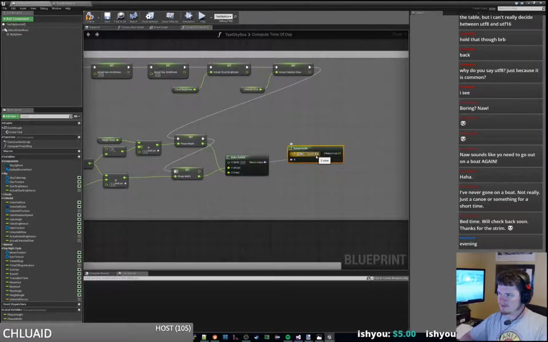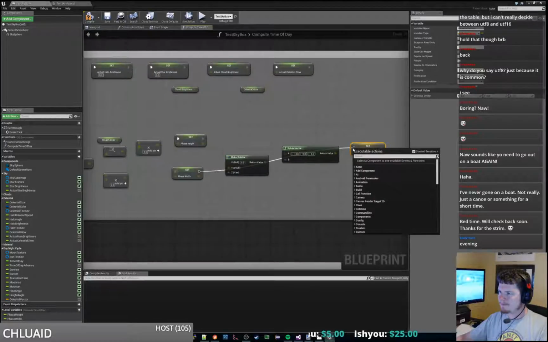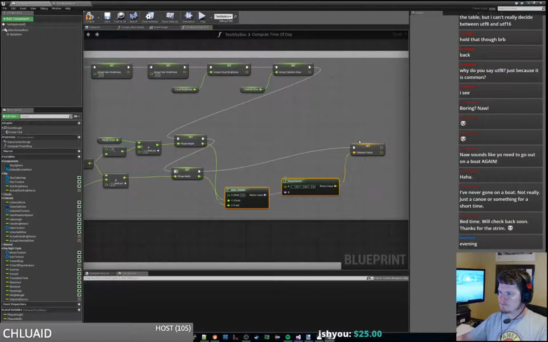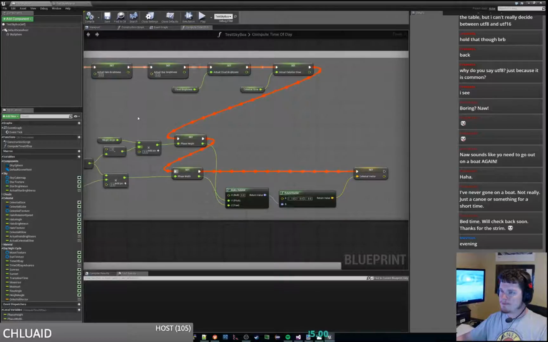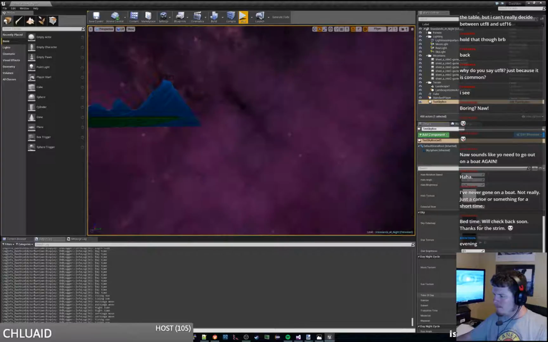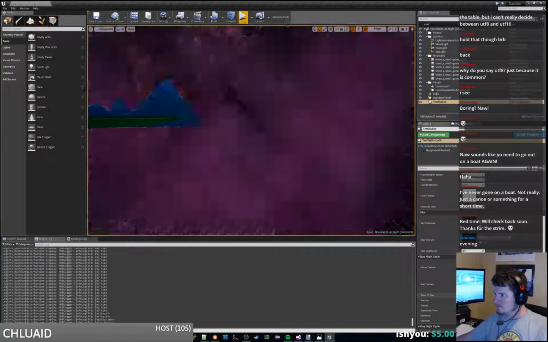We're going to rotate this x vector, and we're going to return that and set our celestial vector to it. So it's doing the same thing.